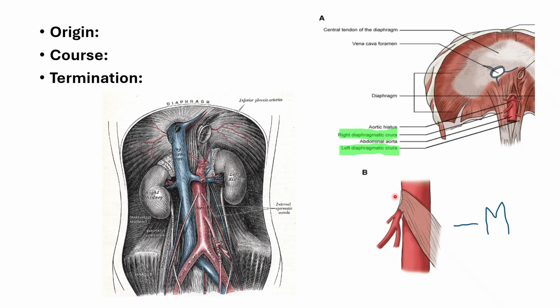Here we can see the median arcuate ligament. It courses by descending downwards, anterior and slightly to the left side of the lumbar vertebral bodies, and terminates at the level of the L4 vertebra, bifurcating into the right and left iliac arteries.